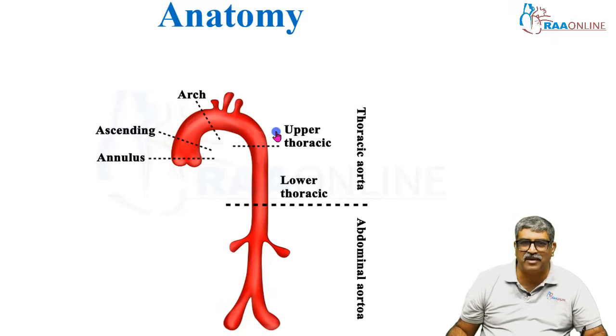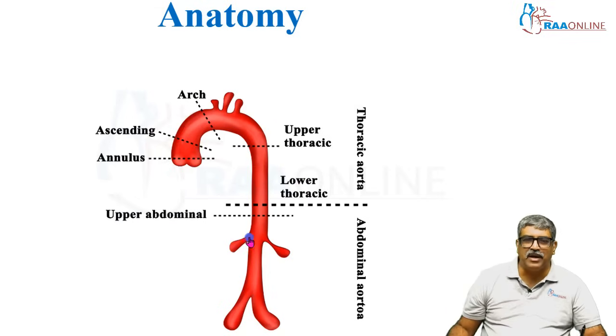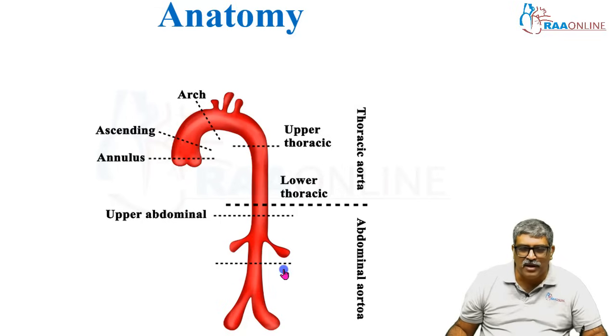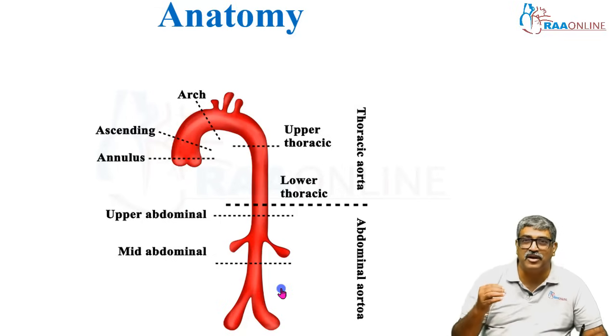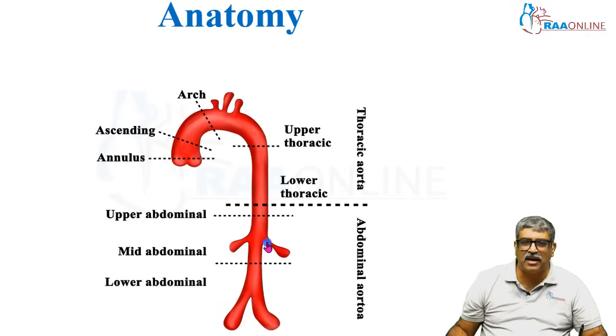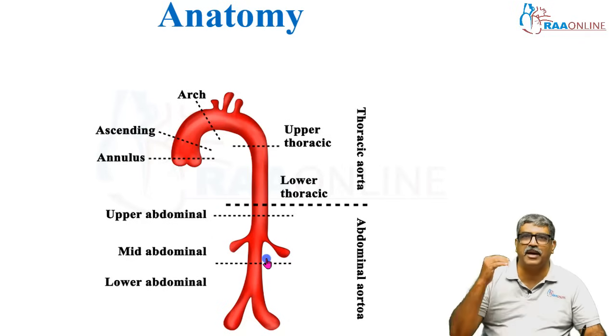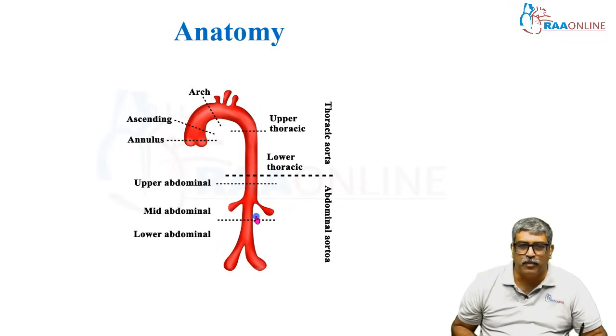Just distal to the subclavian is upper thoracic, and after 3 cm it will be lower thoracic. And the abdominal aorta can be upper abdominal, middle abdominal or lower abdominal. It can be further divided into suprarenal or infrarenal. This part is the renal artery. Suprarenal or infrarenal will be a better classification for the abdominal aorta, and this anatomy is very important.